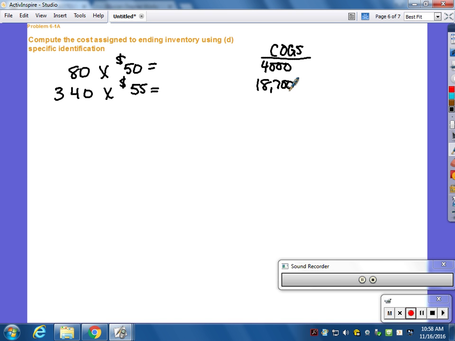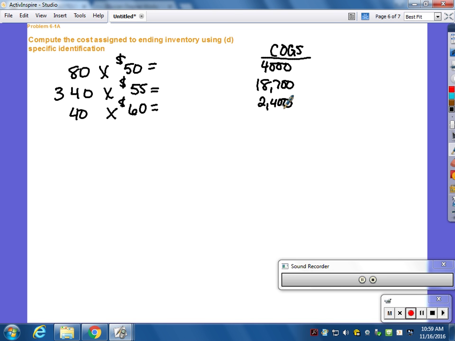And 40 units at what? 40 units from the March 18th purchase, which was how much per unit? $60. So 40 times 60 is 2,400.